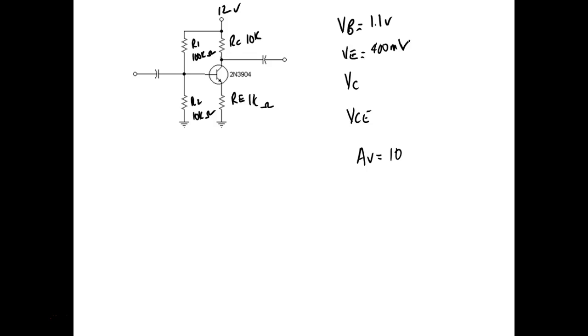Anybody got VC yet? We got 400, I think. 1.1 minus 0.7.